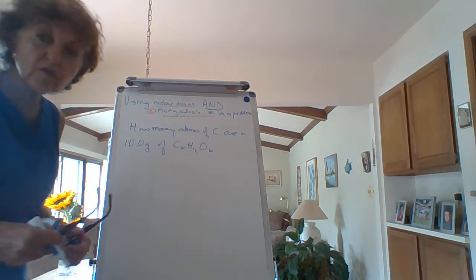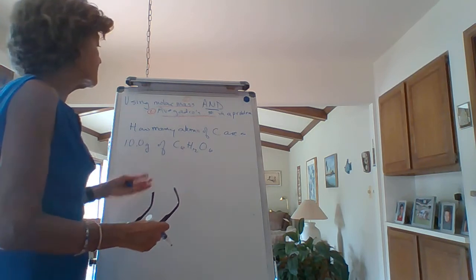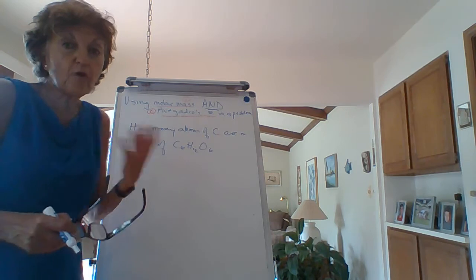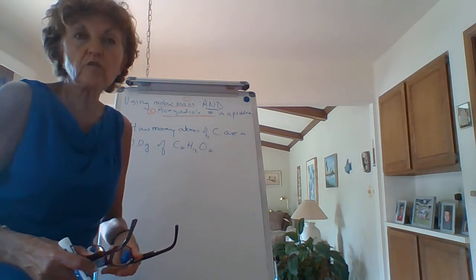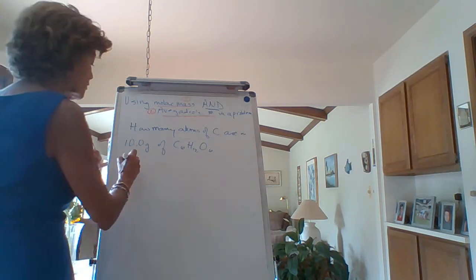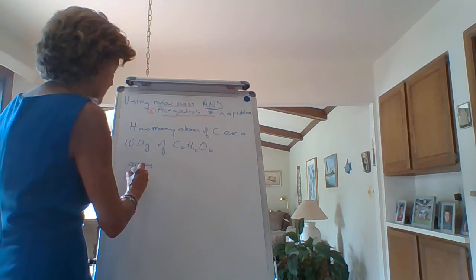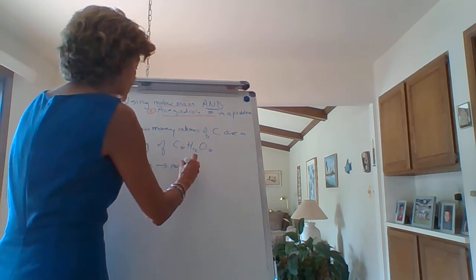Okay, so this is our strategy. You have glucose. You can't start talking about atoms of carbon if all that's been given to you is grams of glucose. So you're going to have to convert your grams of glucose, grams of C6H12O6 to moles. You always have to convert to moles.